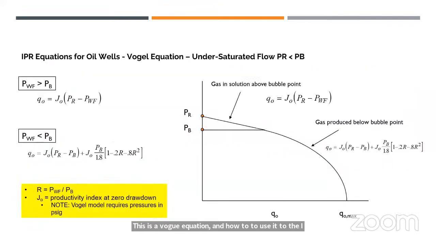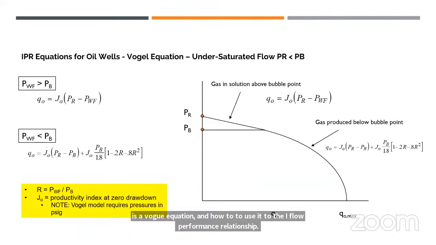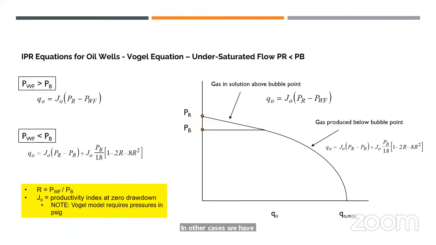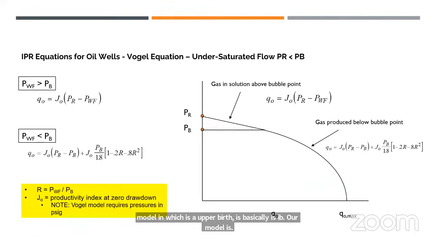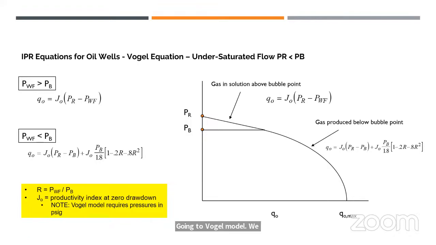In other cases, we have undersaturated reservoirs, but at some time we can reach the point where the reservoir pressure becomes below the bubble point pressure. In these cases, we have a hybrid model in which the upper part is basically the IPR model and the lower part goes to the Vogel model. We call it the composite model.